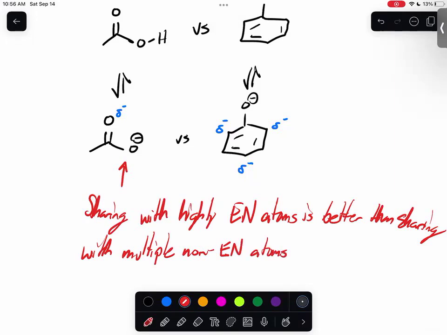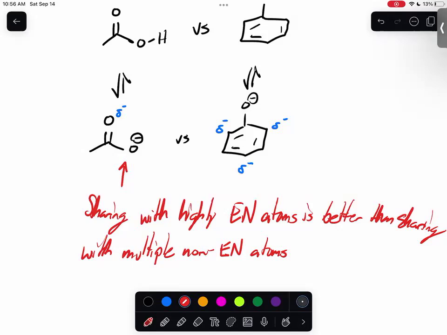All right. So what that tells us is sharing with those carbons doesn't do as much in terms of stabilizing as sharing with something like another oxygen. Because the oxygens want the negative charge more than the carbons, it means that they are happier with that negative charge.